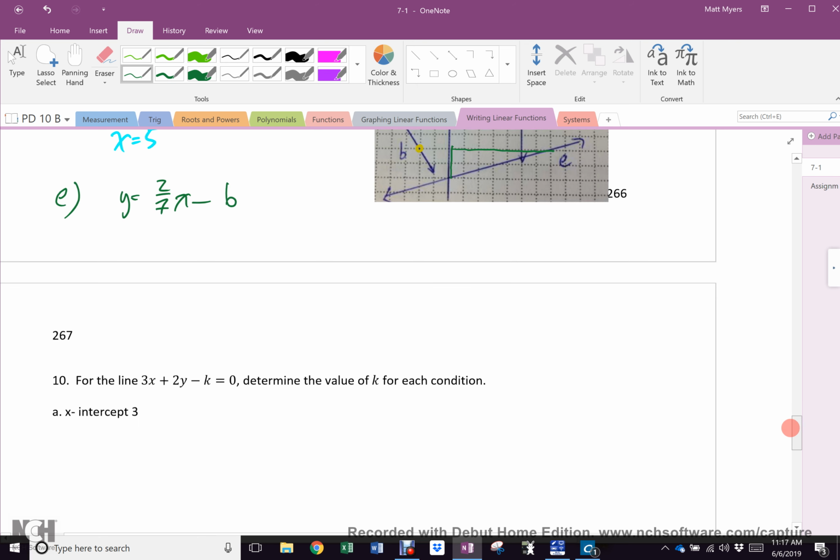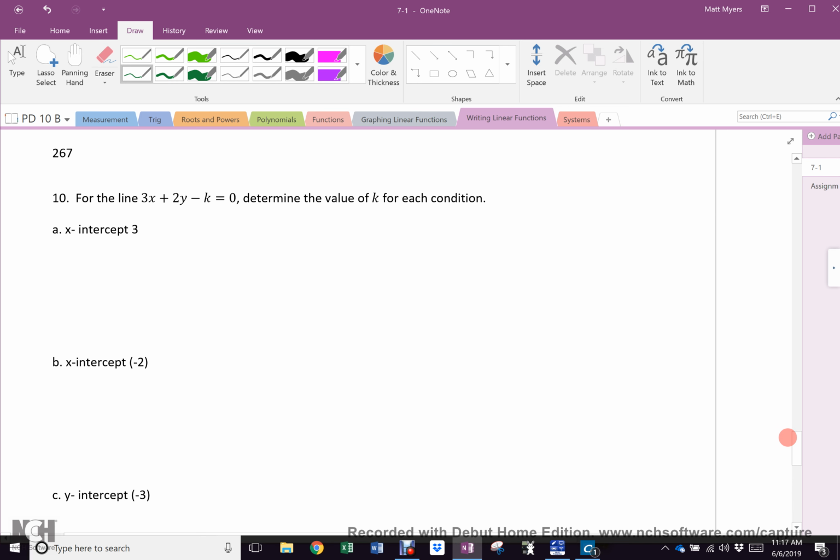Yeah. Now, Tricky McTrickleton. What's weird about 10? There's a K. I want to find K. Well, whenever a math teacher says, determine the value of K, find X, what should you do?